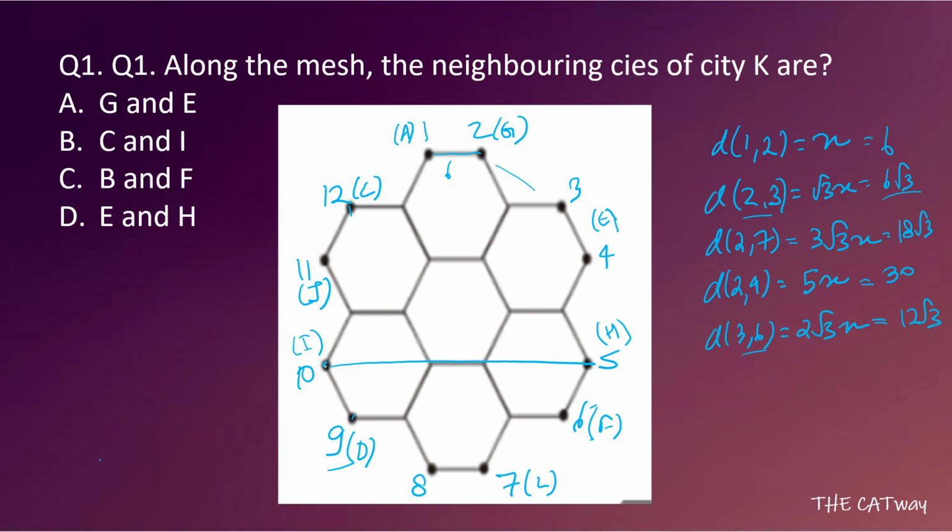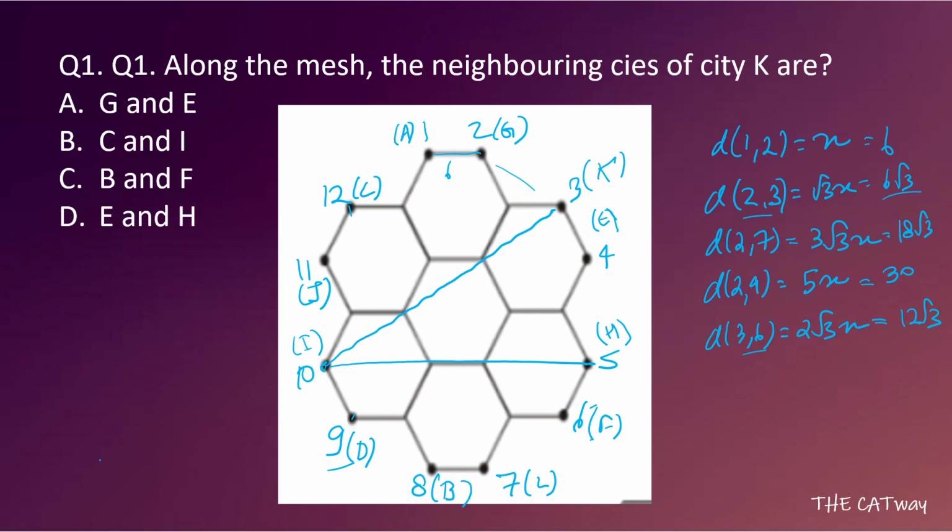Now we have I here, and 18 root 3 is going to be a 2 and 7 kind of relationship. It cannot come at 8, so it will definitely come at 3. So we can say that K will come at 3 and B will come at 8.